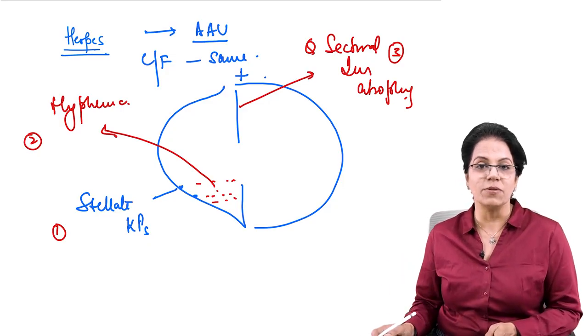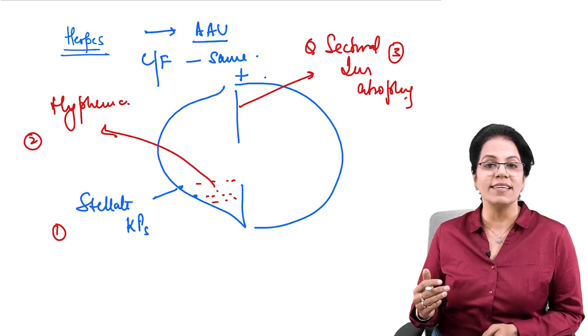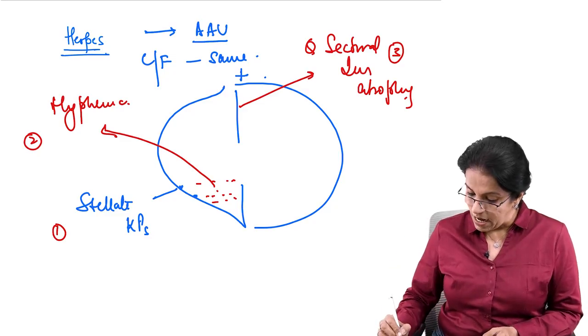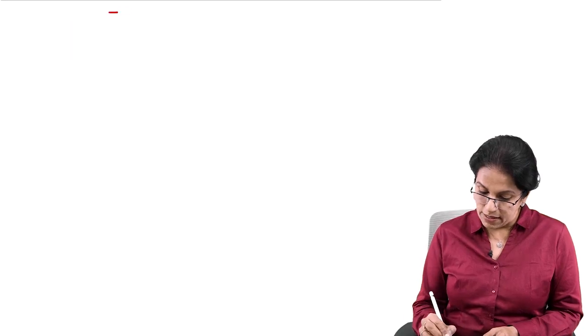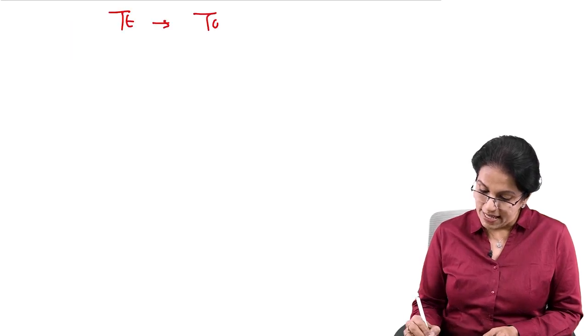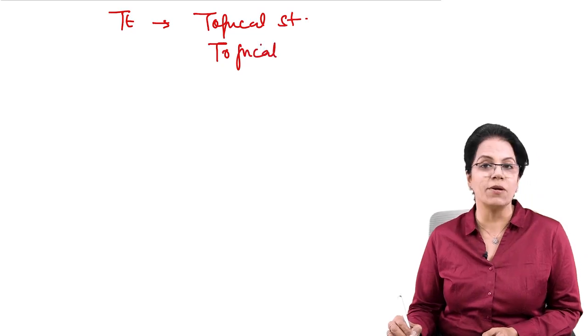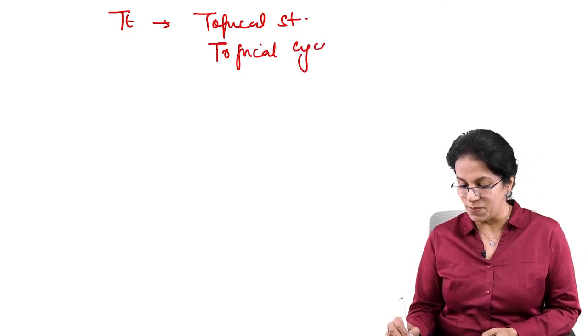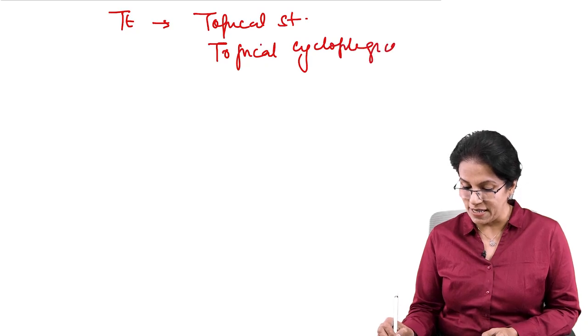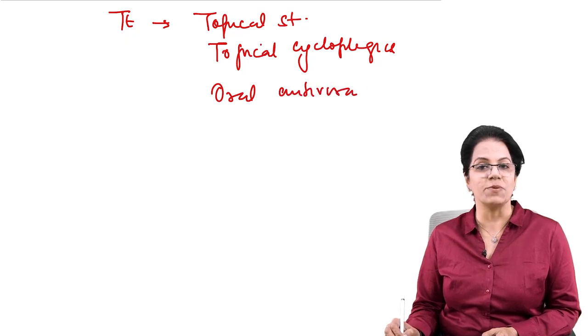When we talk about treatment, because I know the etiological agent, apart from giving topical steroids, I will also go for antivirals. For managing anterior uveitis, you give topical steroids and topical cycloplegics, and apart from that we should go for oral antivirals. Just remember this much more.